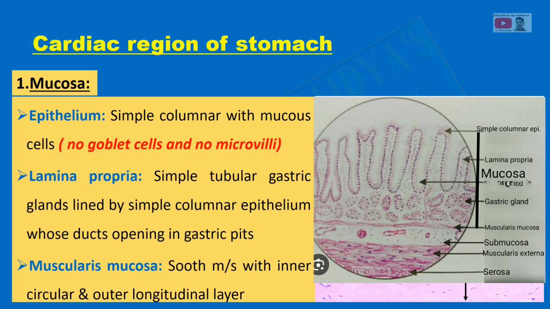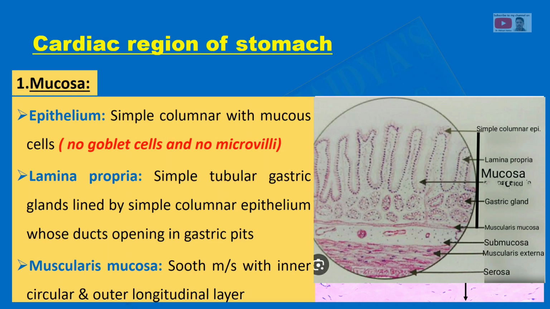Here you can see it is made of the simple tubular gastric glands, which are lined with columnar epithelium, and the gastric gland's duct opens in the gastric pit. So here we can see this gastric gland which opens in the gastric pit.